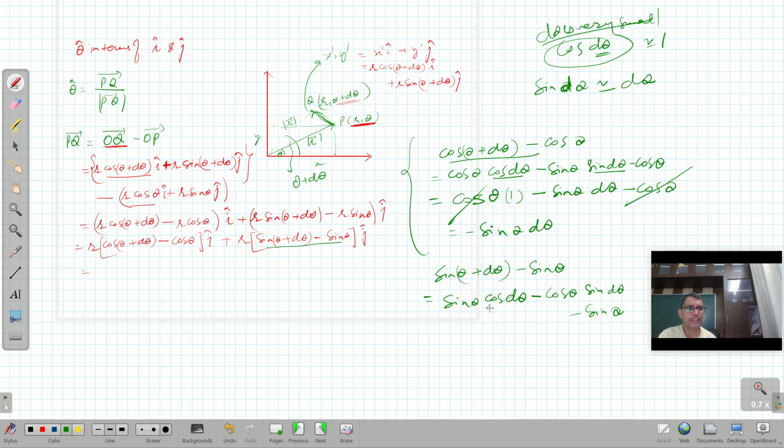So the value of cos d theta will be 1 and the value of sine d theta will be d theta, so it can be written as sine theta minus cos theta d theta and minus sine theta, so it will cancel out with it. So what its result will be, it is minus sine theta, sorry, it is cos theta.